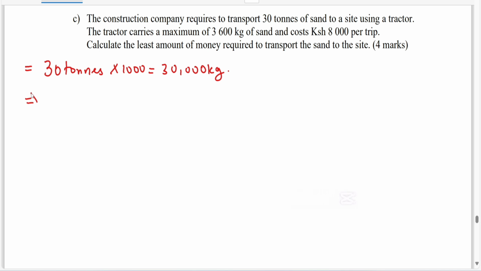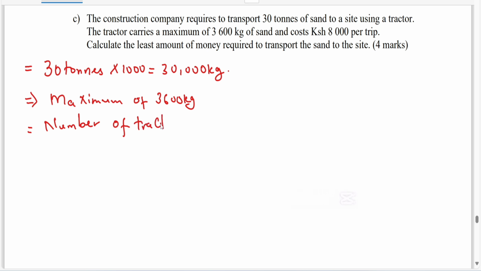Sawa. So the tractor itself carries a maximum of only 3,600 kgs. So if you wanted to find the number of tractors, okay, kama tutaka kutafuta number of tractors, it means that we take that 30,000 divide by 3,600 kgs.